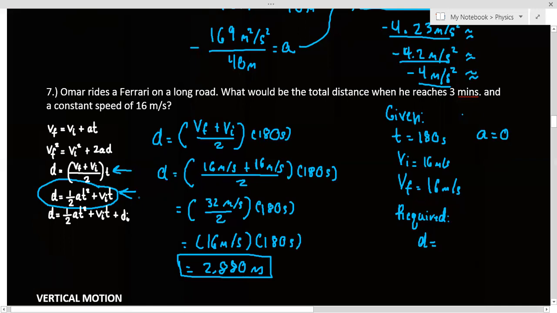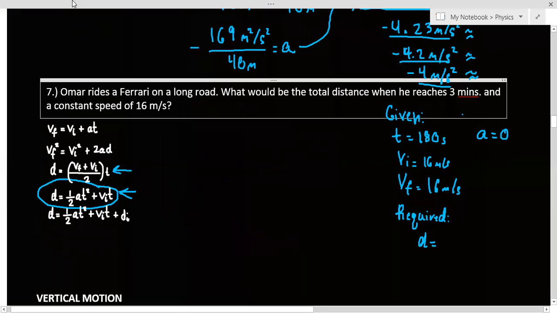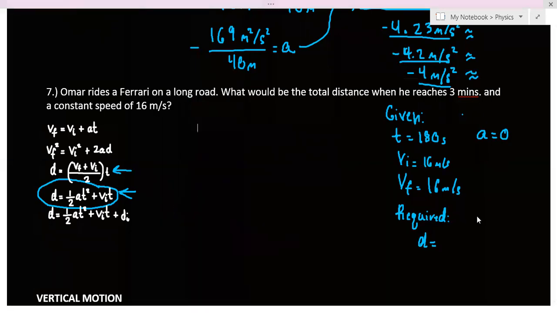Now, let's try the fourth formula, the one with 1/2. Let's prove if they are both the same. d is equal to 1/2 at squared plus initial velocity times t.